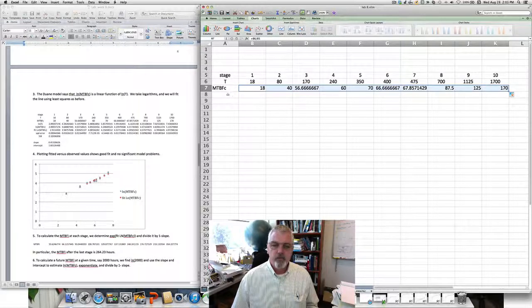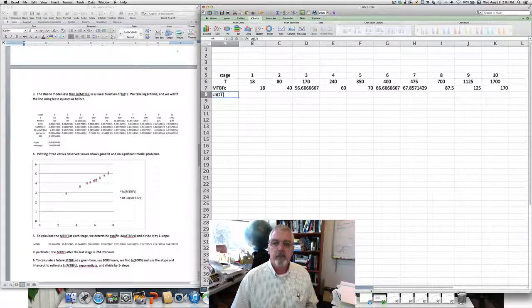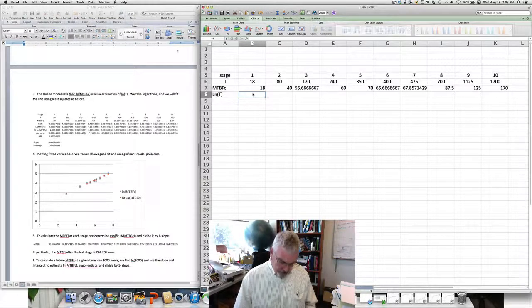So to fit this model, first we have to construct the log of accumulated test time. Which is again pretty easy, equal the log of accumulated test time, and copy this over.